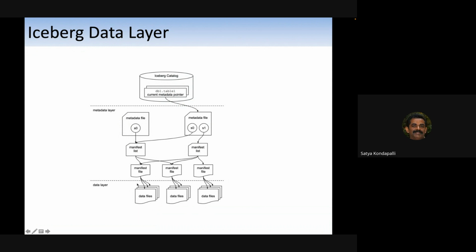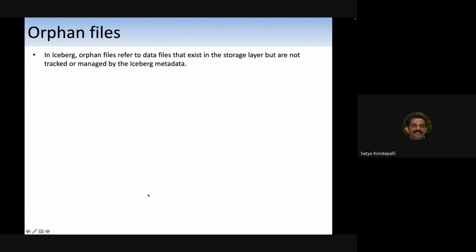However, they add space and have an unnecessary impact on the performance of the table. It's not impacting the data, but it may impact the performance, because if you have too many orphan files, then it impacts the list operations and all that.